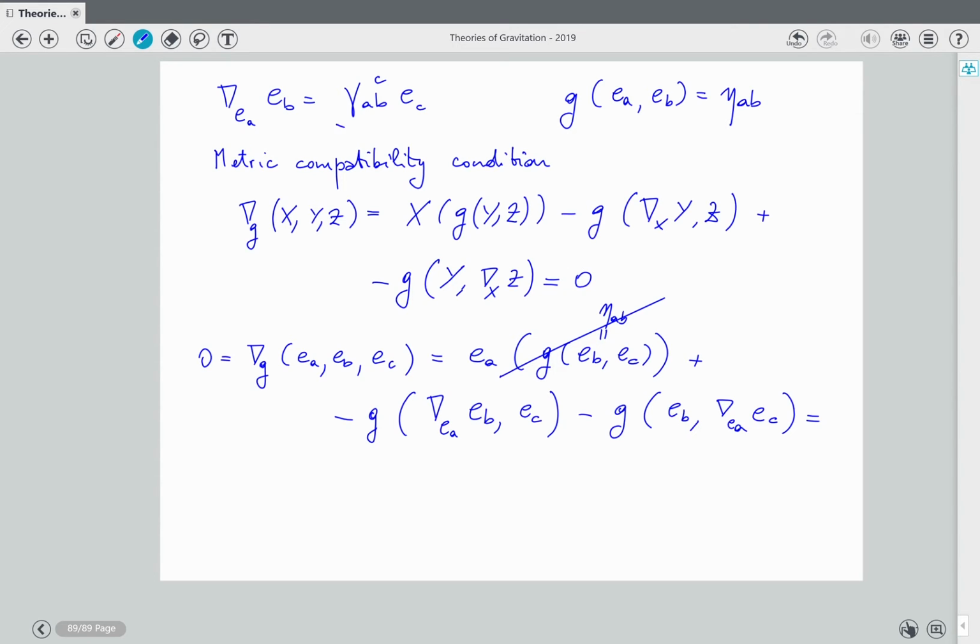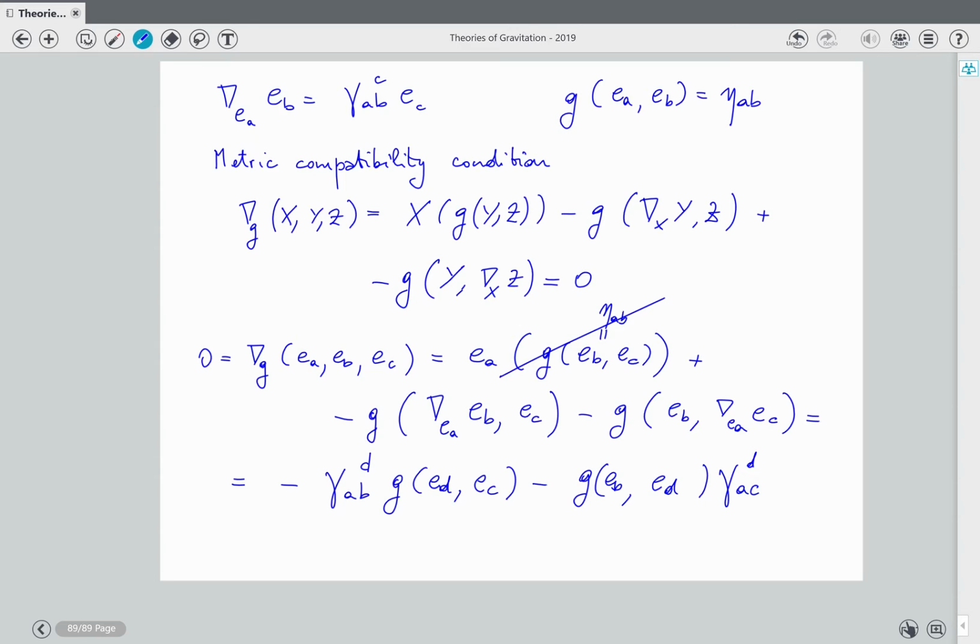And then we use the definition of those symbols gamma to compute. Here you have minus gamma^D_{AB} G(E_D, E_C) minus G(E_B, gamma^D_{AC} E_D).